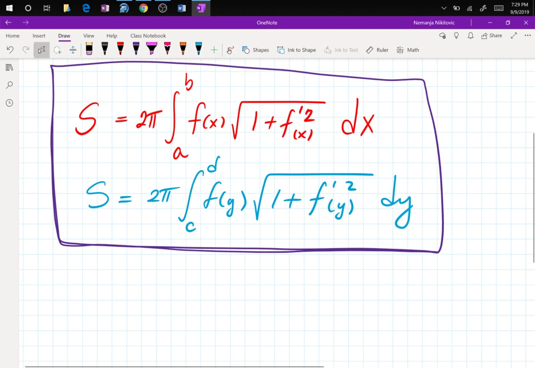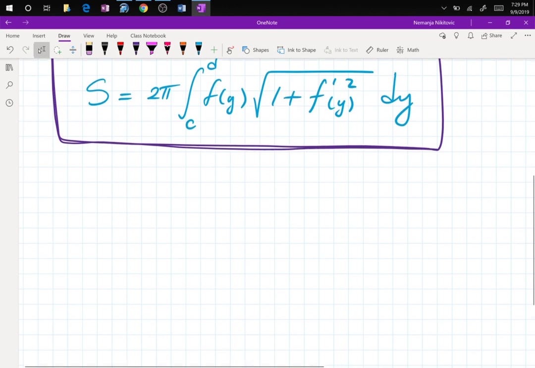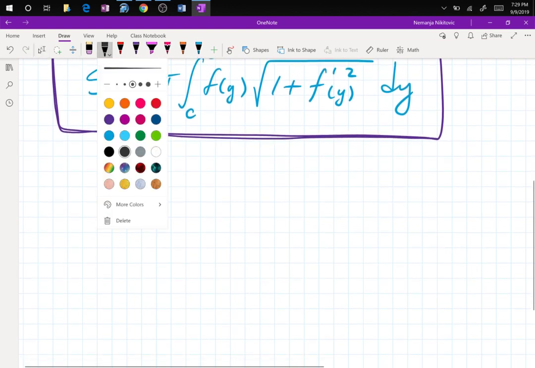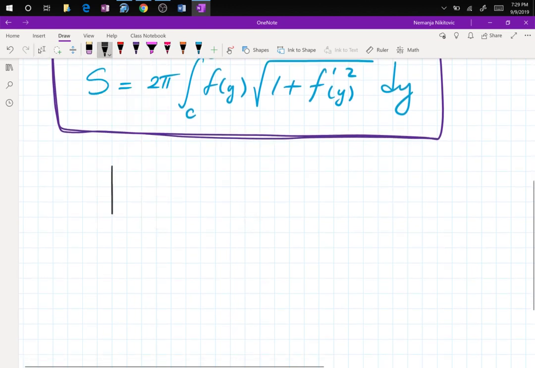So since we have a lot of time, let's first do a vanilla problem. That would be, let's say, a cone. Let's make a cone and figure out the surface area of the cone. And then we're going to take something from the textbook and then call it a night. So here we have a cone.